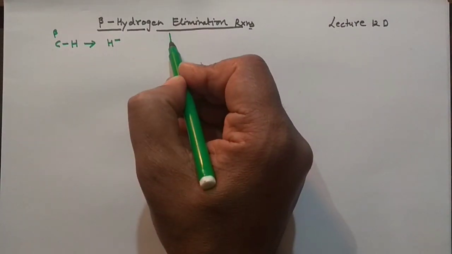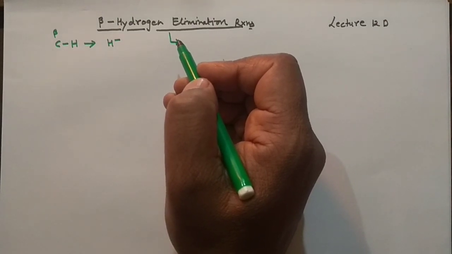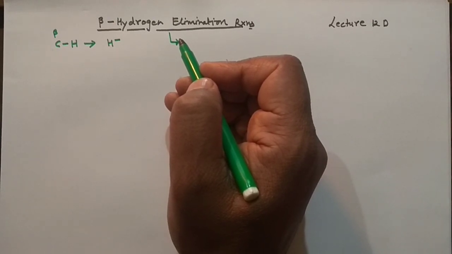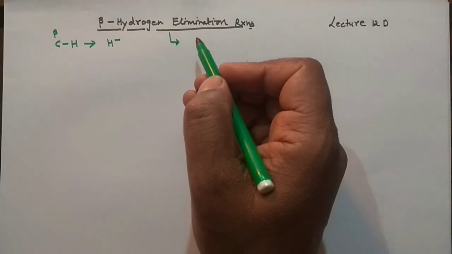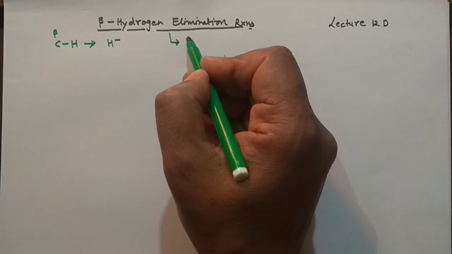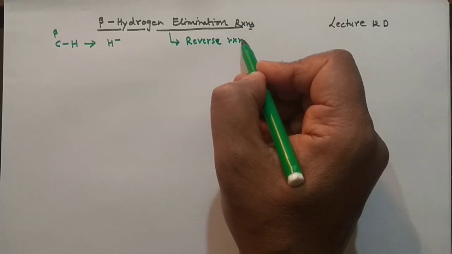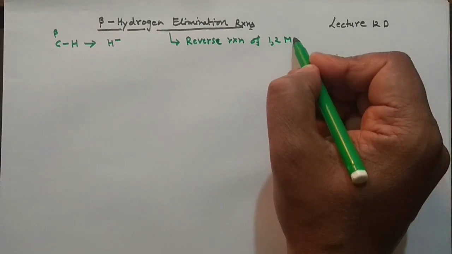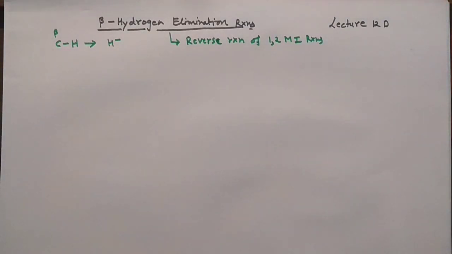And since in the last lecture of organometallic reactions I explained the concept of the 1,2 migratory insertion reactions, that is your alkene insertion, these beta hydrogen elimination or beta hydride eliminations are the reverse reactions of alkene insertion, the 1,2 migratory insertion reactions. This is something very important to note.